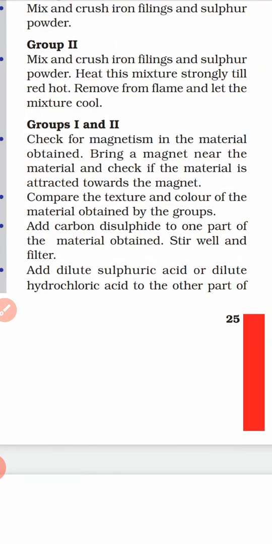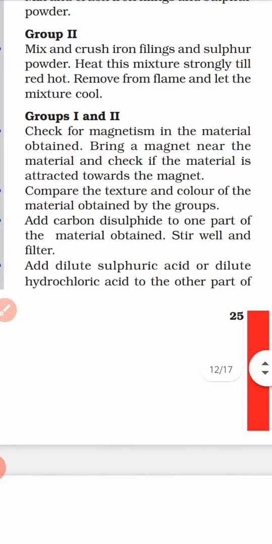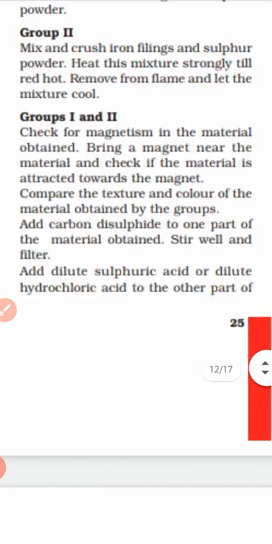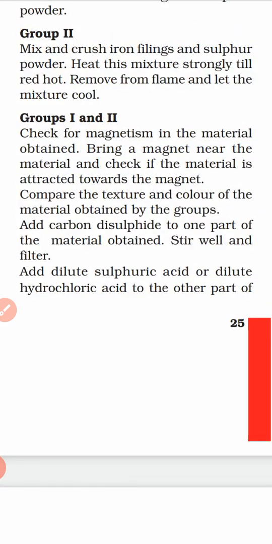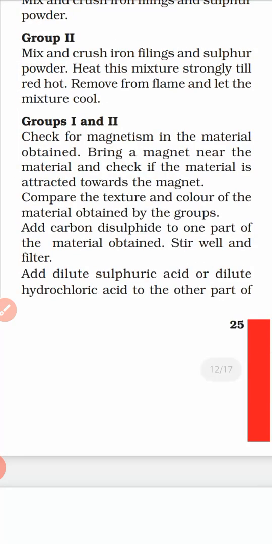Stir well and filter. So what is added now? Carbon disulfide. What will happen when it is added to iron sulfide and to the mixture of the first group?